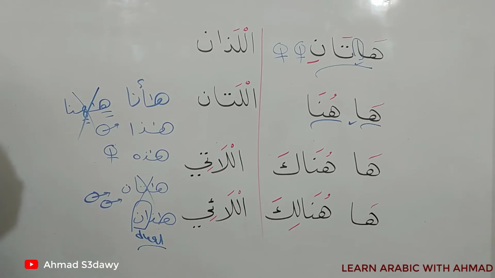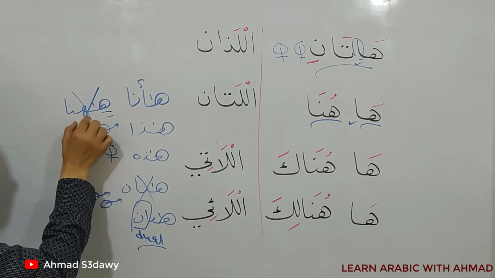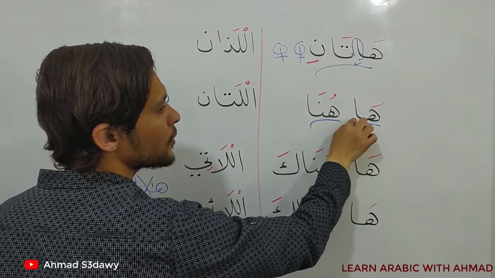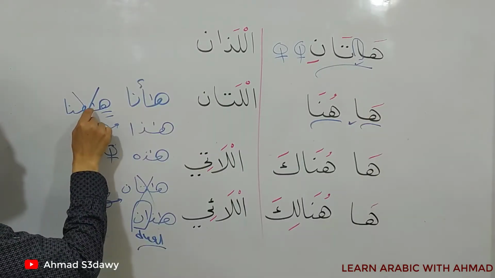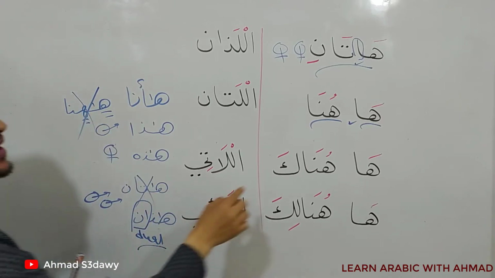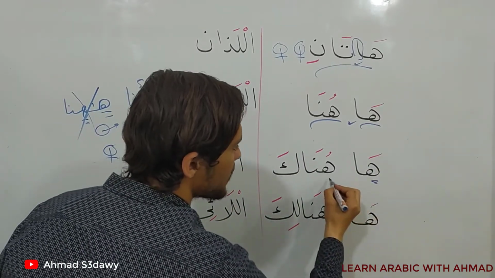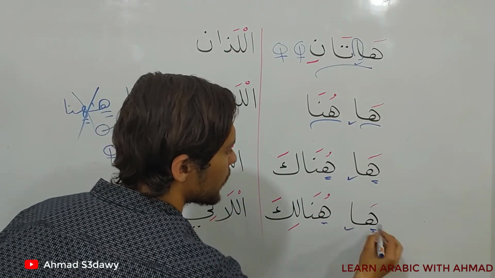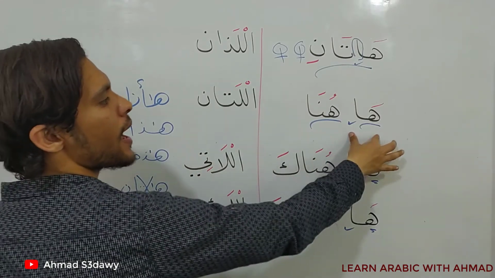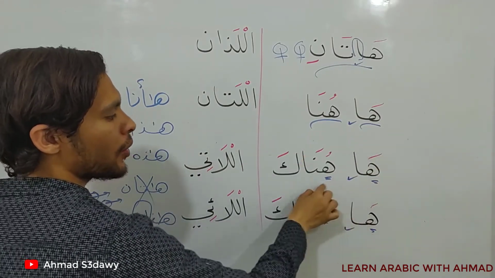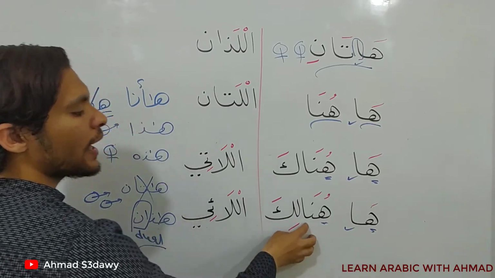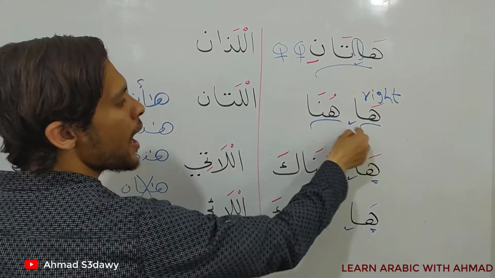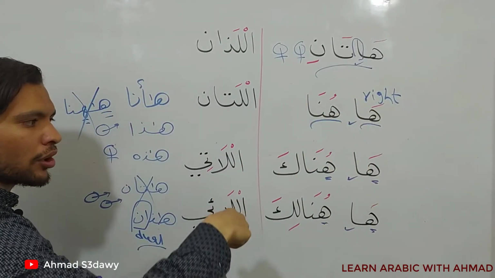No, it's wrong. Separate between the two ha with a long vowel with alif. I know that it's pronounced, but it's not written. But in this case, because this is a ha and this is ha and ha, please separate between them with a long vowel with alif. So you say ها هنا, ها هناك, ها هنالك. Ha هنا, this ha, it means right. Ha هنا, right here.